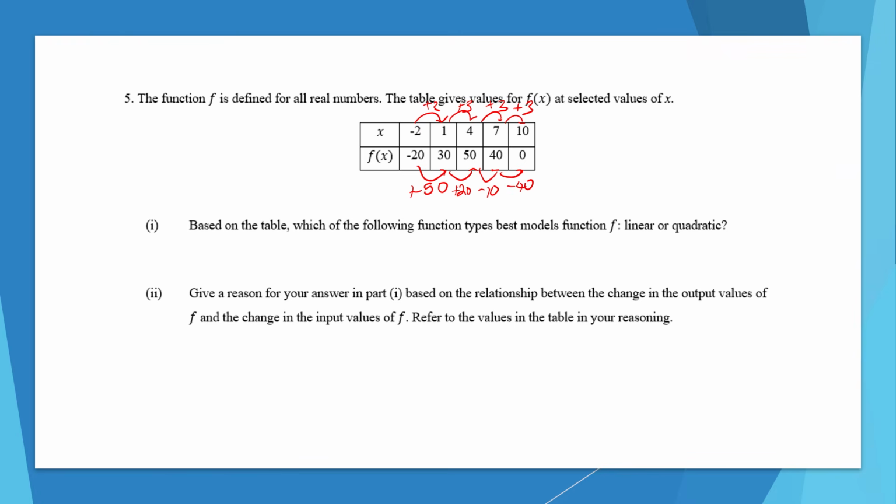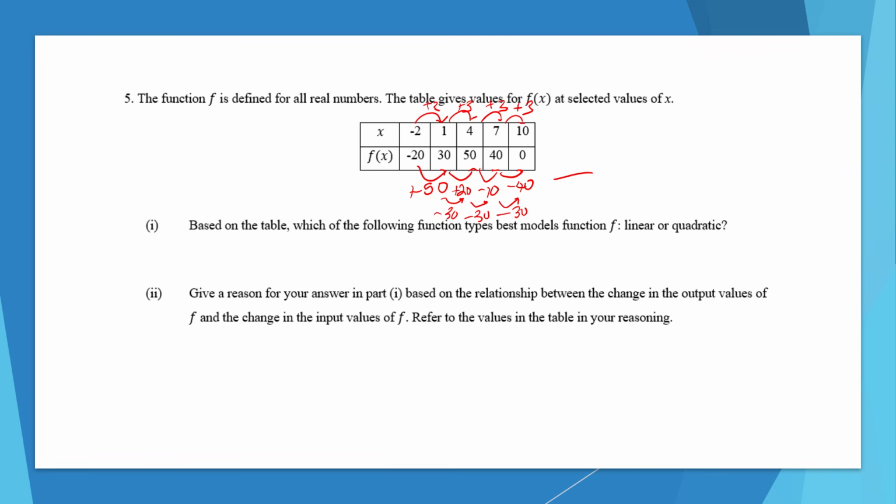So make sure you have those numbers correct, right? If one or two numbers are off, the whole thing is just kind of messed up. Looking at this, from 50 to 20 is -30. From 20 to -10 is also -30. And then -10 to -40 is also -30.